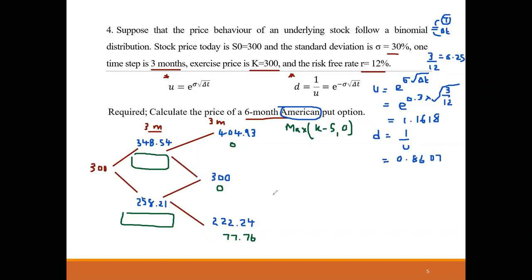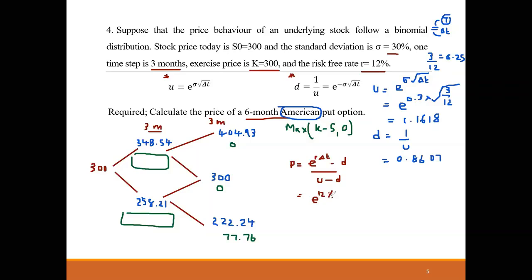So for that, to get the expected payoff, you need to identify the probability of the upward movement and the probability of the downward movement. So take P and calculate the value of P. So e to the power R into delta T minus D, divided by U minus D. So how much would you get? R is 12%.